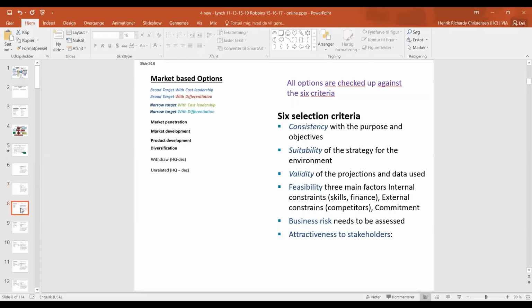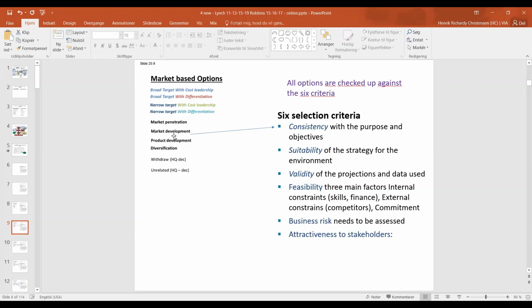So if we pick up our market-based options, we have those here, and then we could take one example. We have developed different options. We may have an option called market development, and we have a market development option because we have seen in our external analysis that there might be openings in a specific market for developing ourselves into a new market.